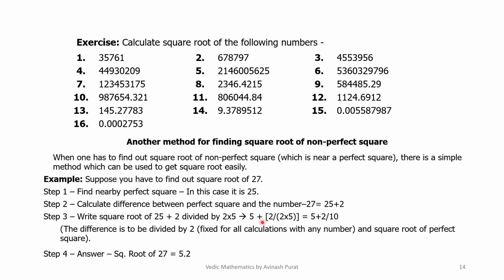So 5 plus 2 divided by 2 into 5, that is 10. So 5 plus 2 divided by 10, that is 0.2. So answer is step 4. Square root of 27 is 5.2.